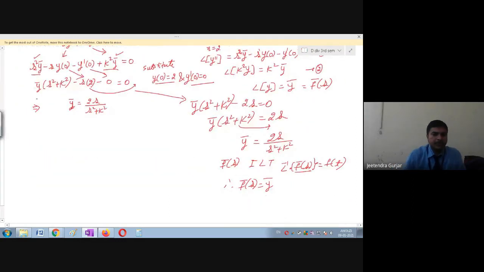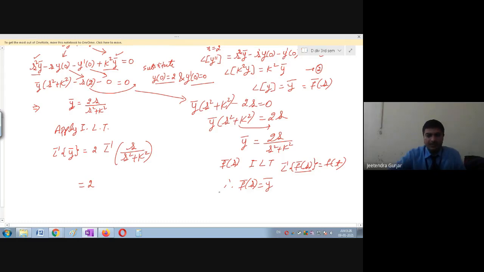So now applying the inverse Laplace transform, L inverse of y dash is equal to 2, a constant, so we'll write 2 outside, times L inverse of s upon s square plus k square. Can anybody tell me? Cos kt. Yes, cos kt. Definitely your answer is good.